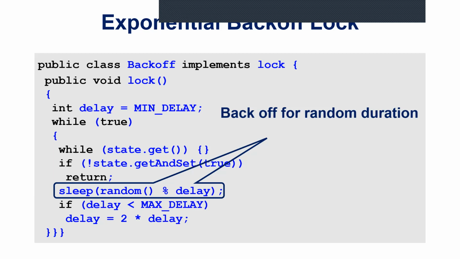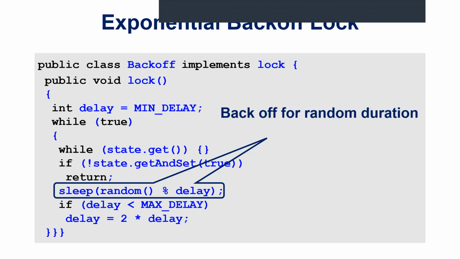To avoid that contention, we add randomness to that delay, so that threads will contend for the lock at different times. So simply, this sleep random modulus delay generates a random number, takes its modulus with the current delay, and then sleeps for the result. This introduces randomness to the sleep duration.